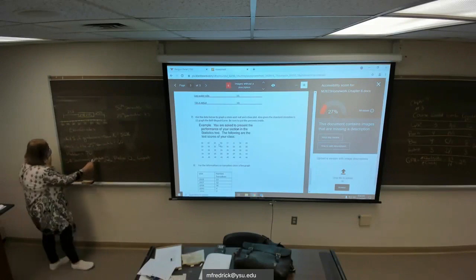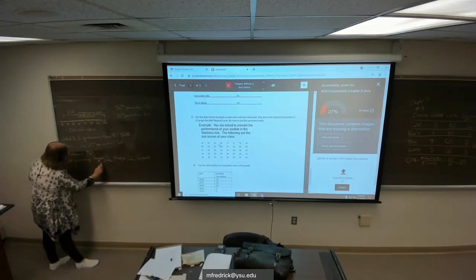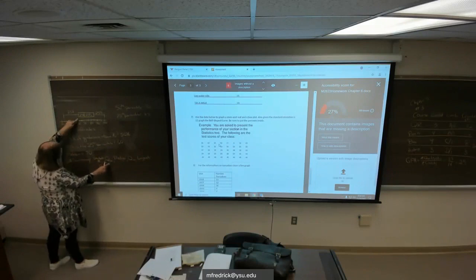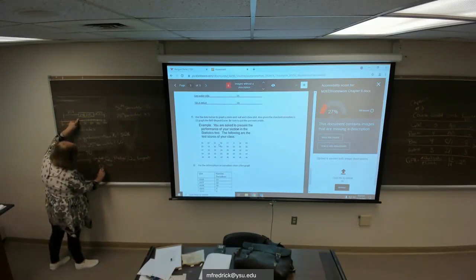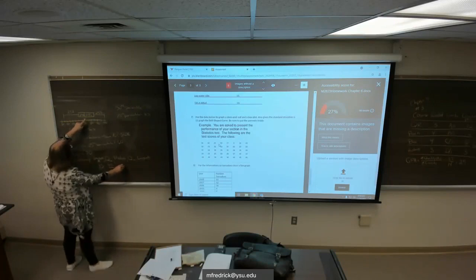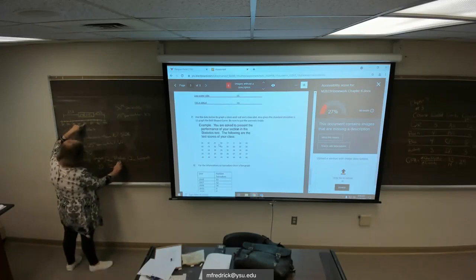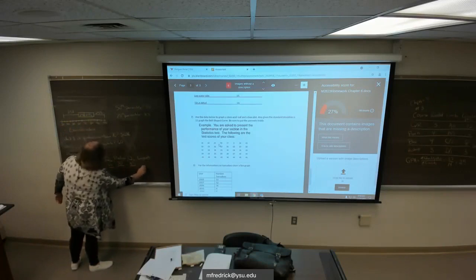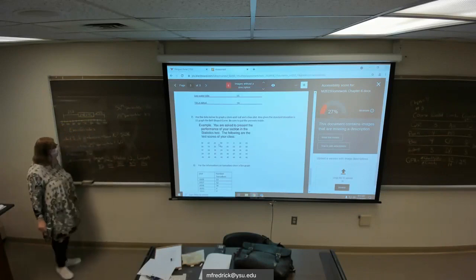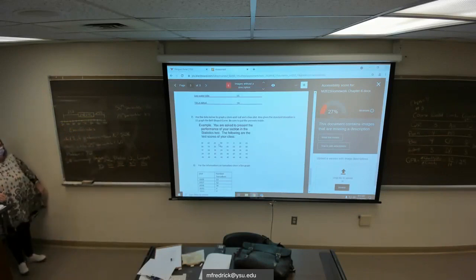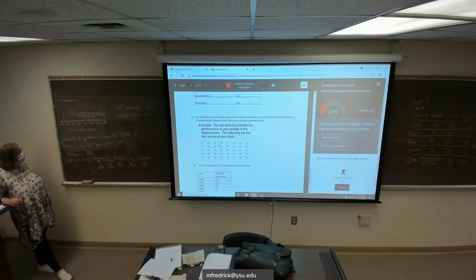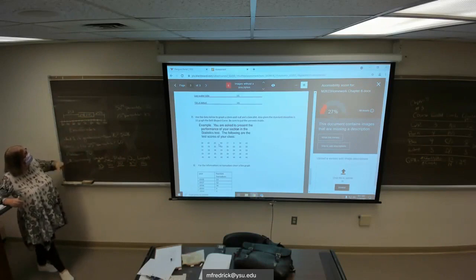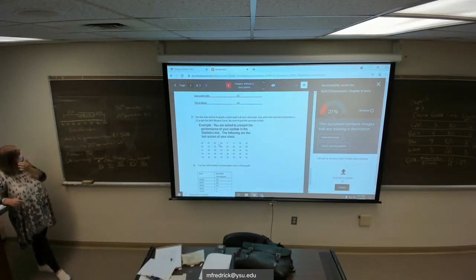Your 5-number summary tells you your smallest value, which was 35. Your lower quartile was 60. Median, we said already, was 70. Upper quartile, 85. And the largest value in this case was 100. So I could ask any one of those. The smallest grade would be a 35. The largest would be 100. Any questions on that?